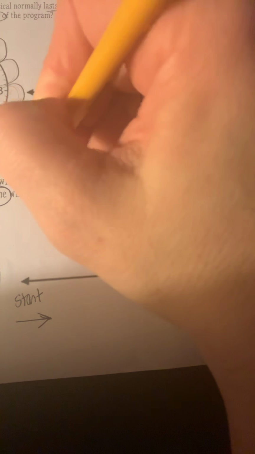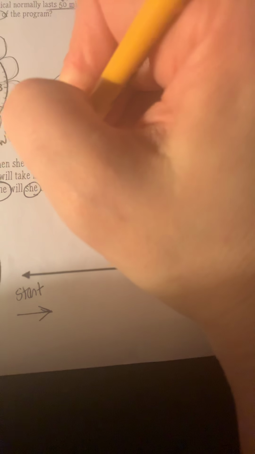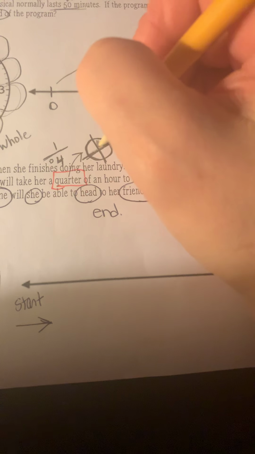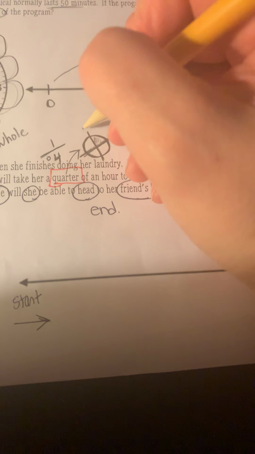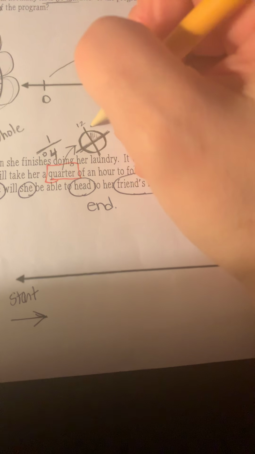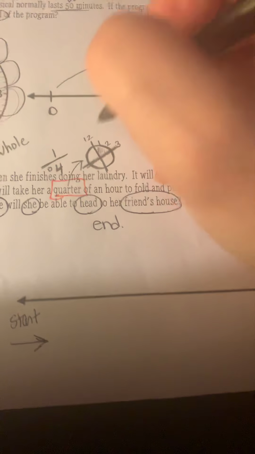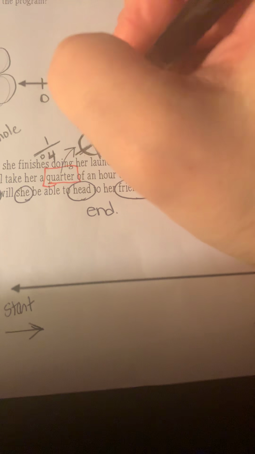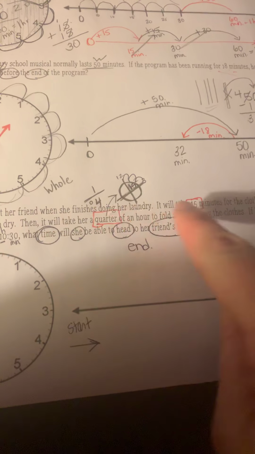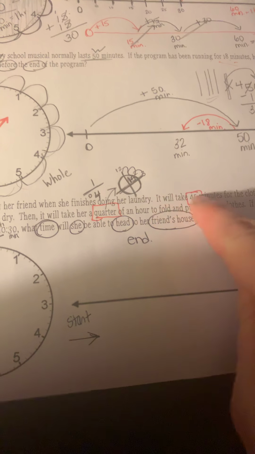Quarters. 4 quarters. My dollar is divided into fourths. And if we want a quarter, we're talking about 1/4, 1 quarter. And on a clock, what number's right here? 12, 1, 2, 3. So a quarter of an hour is 5, 10, 15 minutes. So we're going 15, 45, and 50.